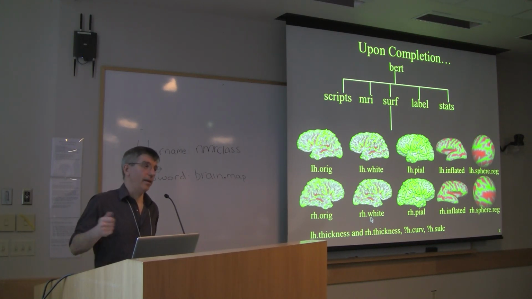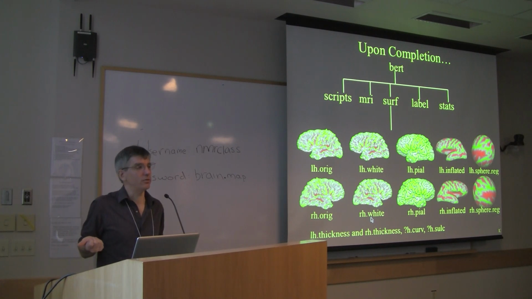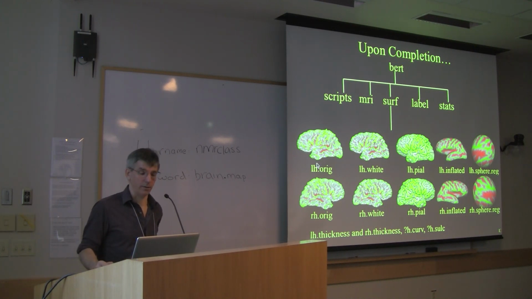And if you see an lh.something or an rh.something, it means it's a left hemisphere surface-based file or a right hemisphere surface-based file. And so these are different surfaces that will generate the orig, the white, the pial, the inflated, and the sphere. Mostly you're going to be interested in the white, the pial, and the inflated, and the sphere and the orig aren't particularly all that interesting.